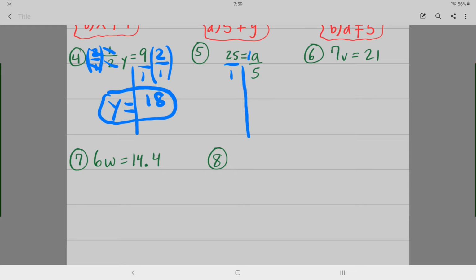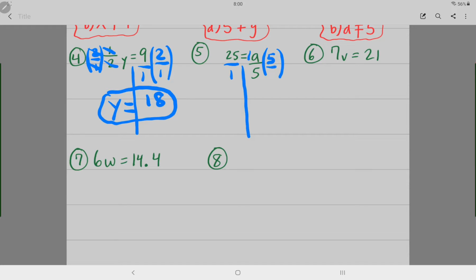Now that's important because, again, to get rid of a fraction, we can multiply by the reciprocal. And now, in front of a, it really says 1 over 5. So I want to get rid of this fraction 1 over 5. As we did on the last question, you could just multiply by the reciprocal. So instead of 1 on top and 5 on the bottom, just flip it upside down.